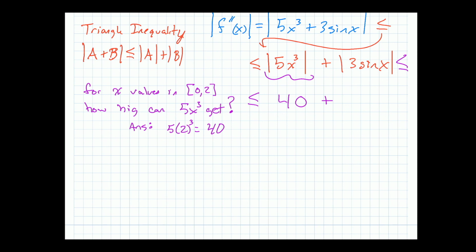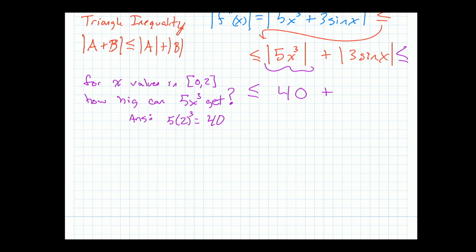Now what about the 3 sine x? Well, for sine and cosine, the absolute value of sine x, how big could it be? The biggest a sine could ever be is 1.